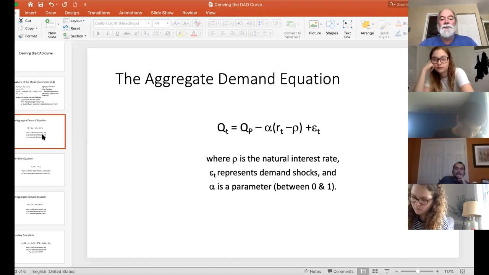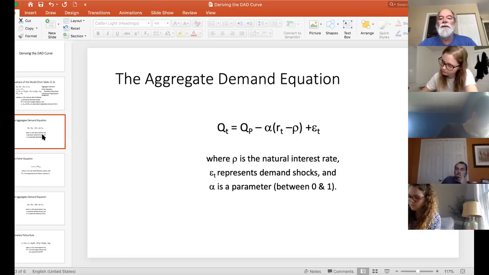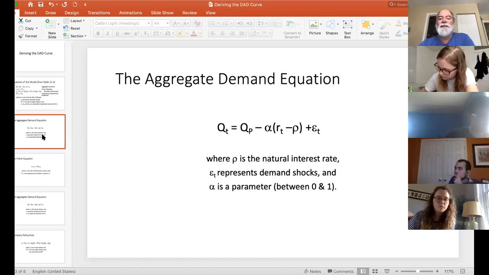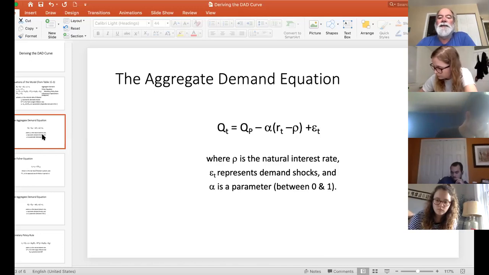Now, there are other issues as well. One is the longer the loan, the longer you go without your funds. And so oftentimes, lenders will add on to the basic interest rate a premium to compensate them for the longer time it takes to get their money back. That's sort of an illiquidity premium.